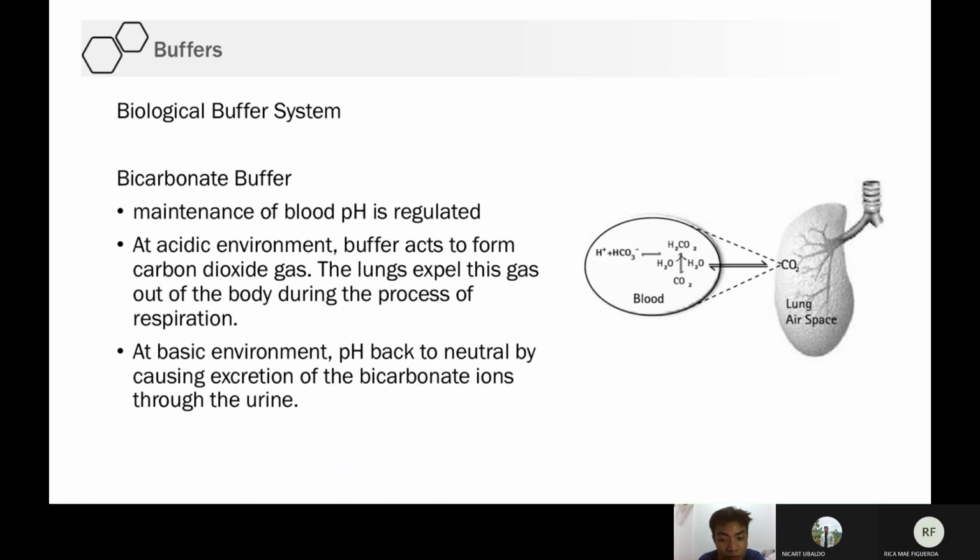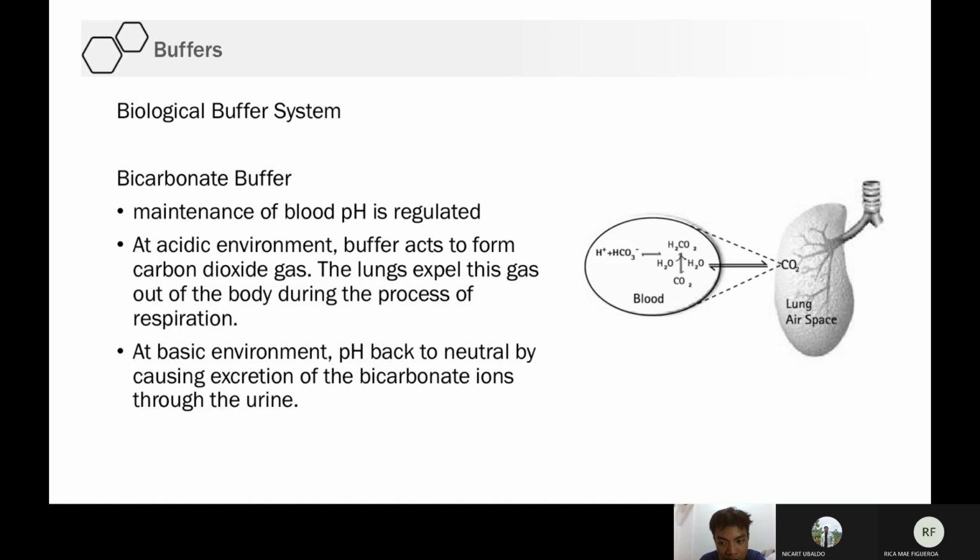Pag masyado naman basic yung ating blood, no? So ano pwede natin gawin? Pwede yung carbon dioxide, that is a byproduct of the metabolic process, hahalo siya sa blood, no? Para ma-maintain yung pH. Okay? So kapag sobrang basic ng blood, yung mga CO2 sa katawan natin, hahalo siya sa blood para bumaba yung pH.